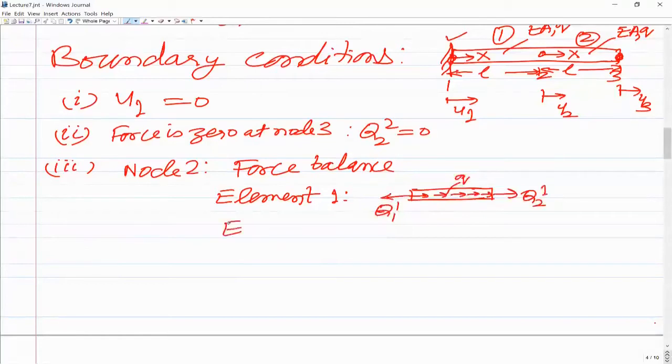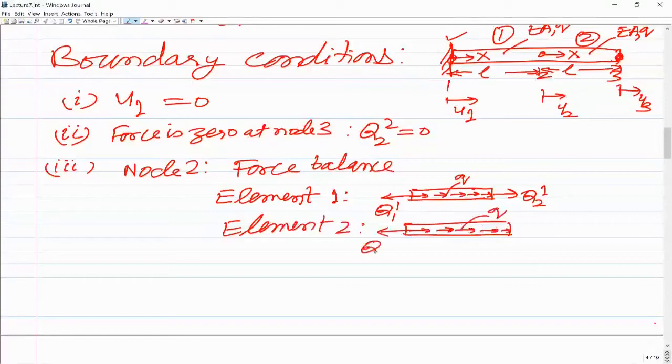When you look at the free body diagram of element number 2, we have a distributed force in that. This is a force per unit length, and here we'll have q12, that is local node number 1 of element number 2, and this is q22. So this is a free body diagram.